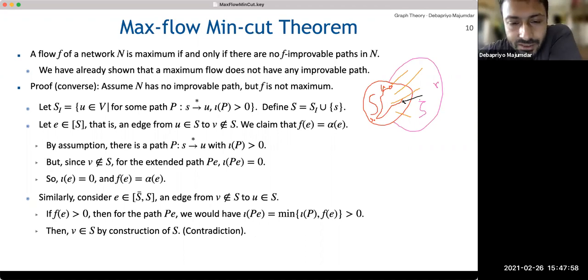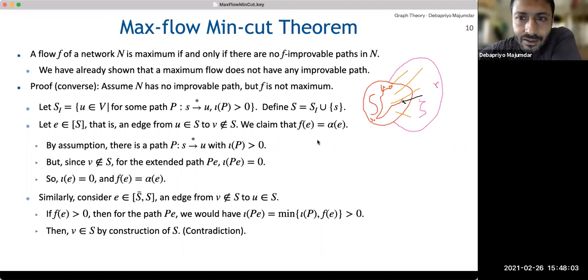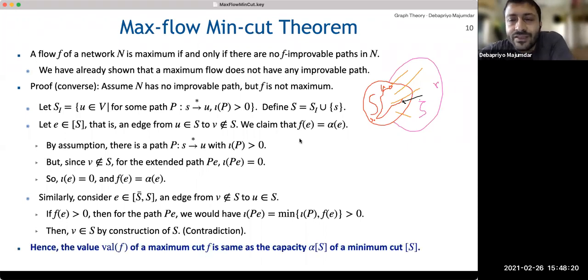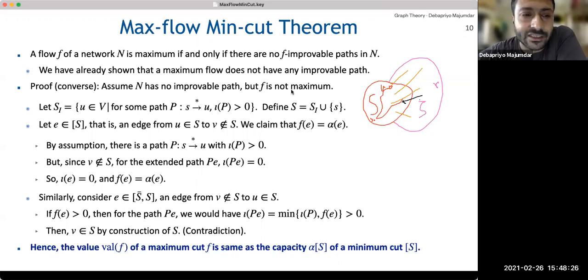So essentially, what it meant is that all of these edges must have flow exactly as much as the capacity, and then it means that there is no improvable path. Oh sorry, there is no improvable path, it also means that f is maximum, right?